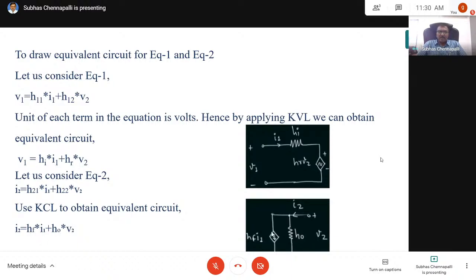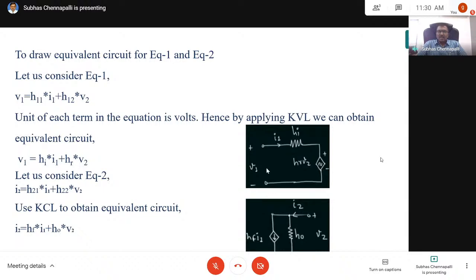So you have a current source of magnitude HF I1. Then HO is admittance, so the current source will have its source resistance in parallel, the 1 by HO, and the output is V2. This current is I2. So from the equations, you can model the circuit of the transistor like this. This is a ground, this is a ground.